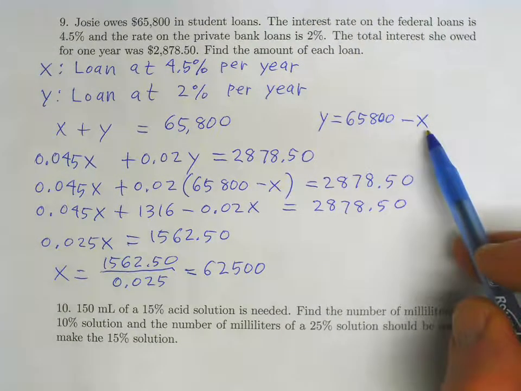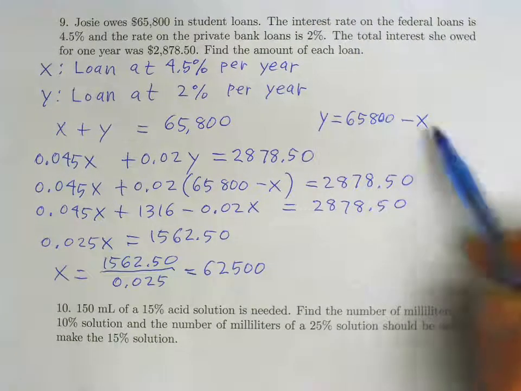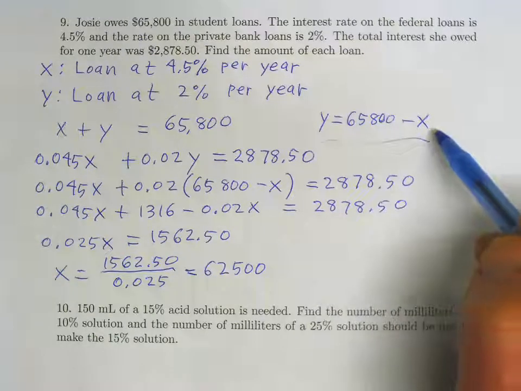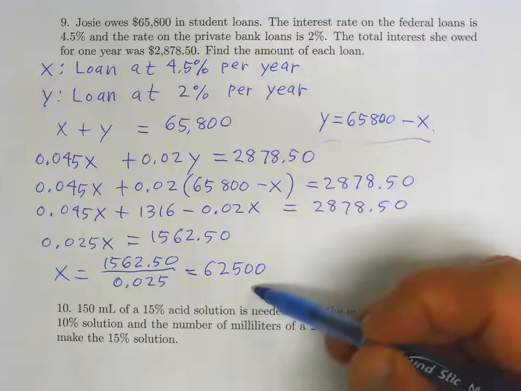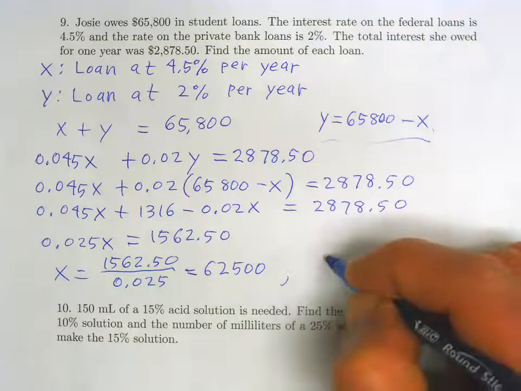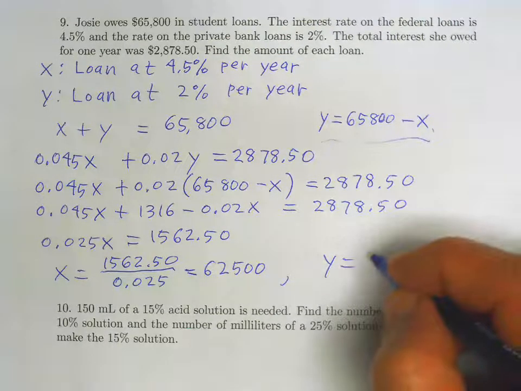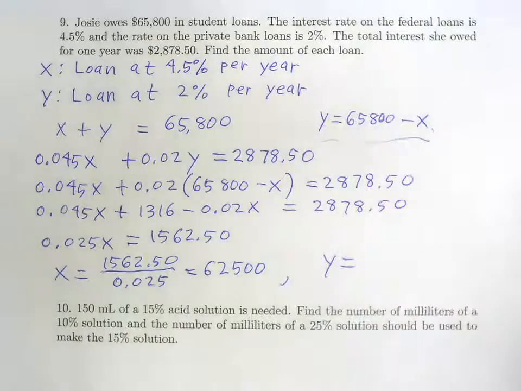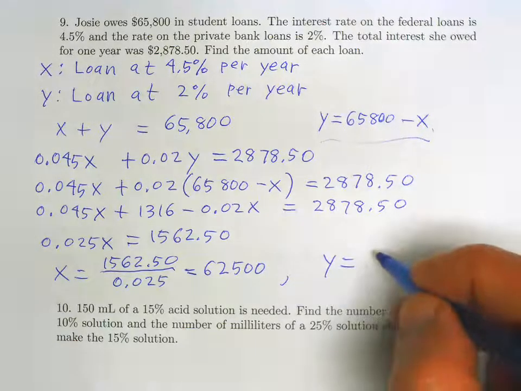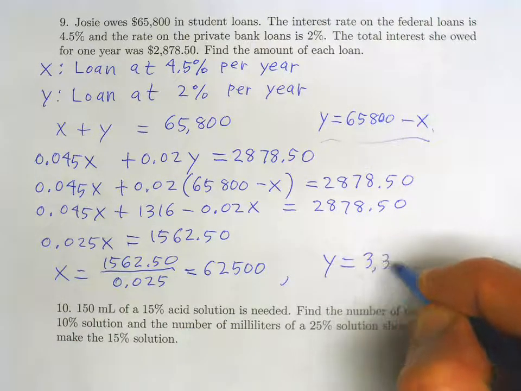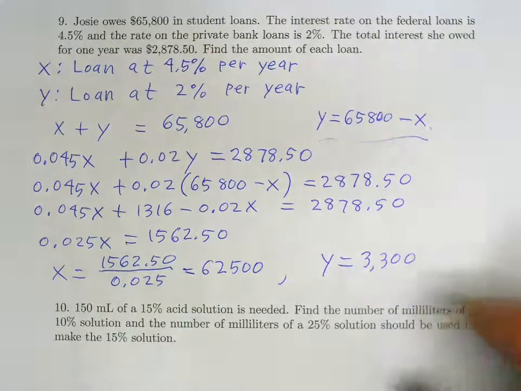Okay, then to find y, just replace up here. Just replace x with 62,500, and the y value is just 3,000. Wait, 3,300. Okay, that wasn't so bad.